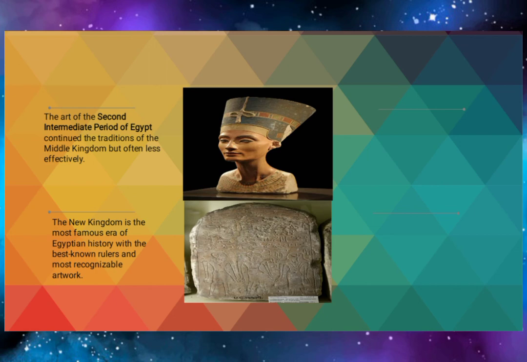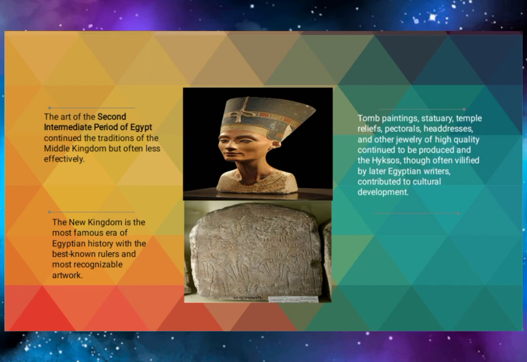The Egyptian Book of the Dead was copied with accompanying illustrations for more and more people, and funerary objects like shabti dolls were of higher quality. Tomb paintings, statuary, temple reliefs, pictorials, headdresses, and other jewelry of high quality continued to be produced, and the Hyksos, though often vilified by later Egyptian writers, contributed to cultural development.